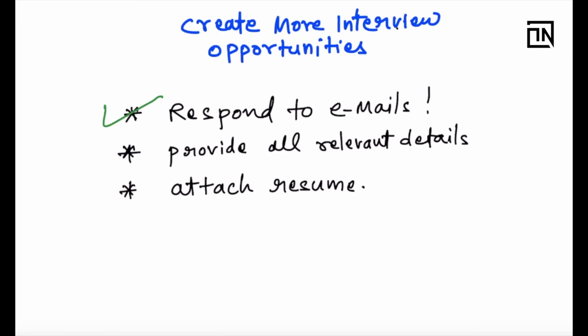Maximum number of times we just try to apply the jobs on the portal by using that soft apply button. So everyone does that, like everyone will just click on that apply button and they will move on to other listing. A different thing, or a tough thing I can say, would be to respond to the emails.